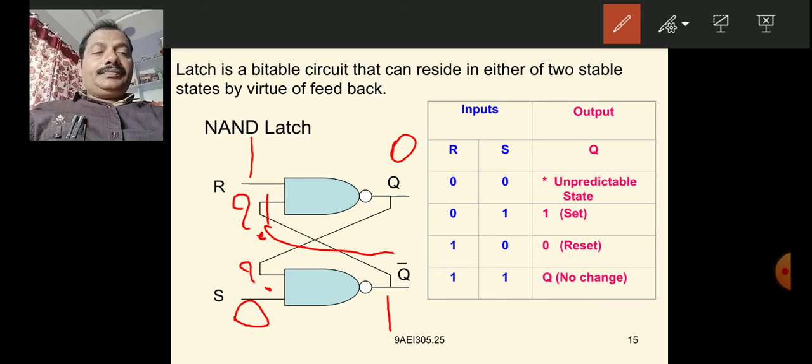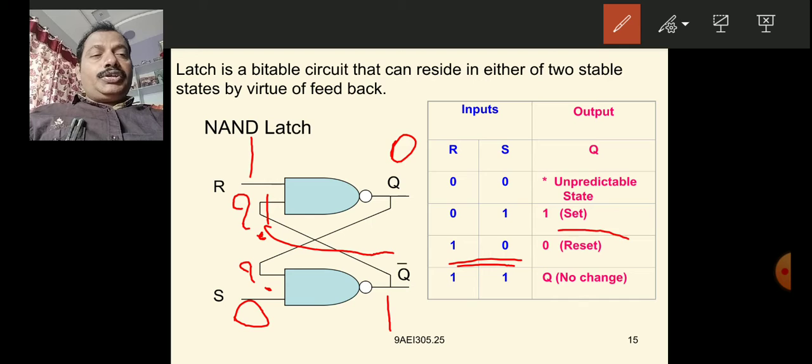That means whenever this 1 0 combination is there, the output Q equals 0. That is reset. We can call it reset. The latch state is reset.